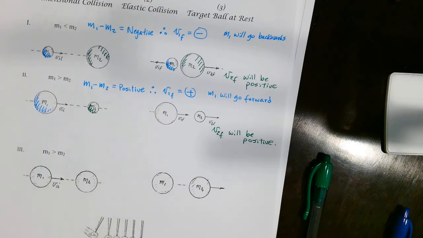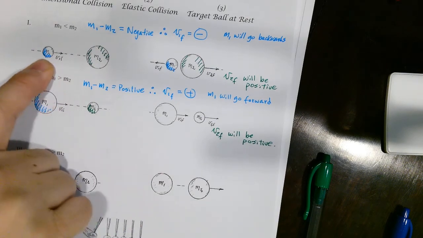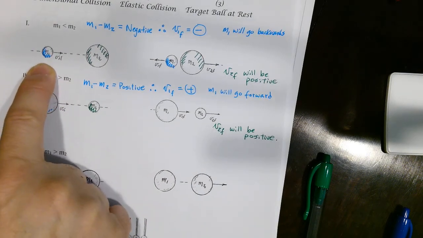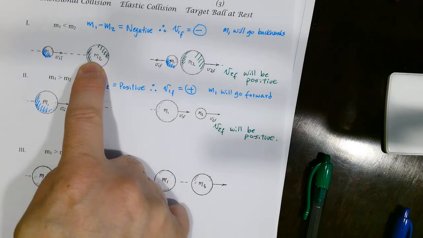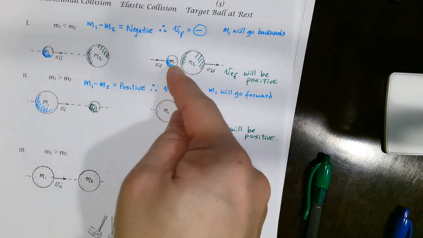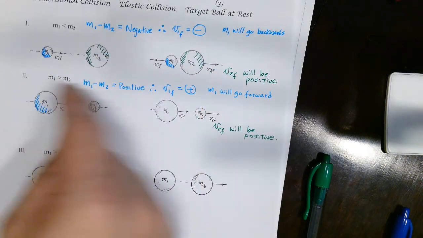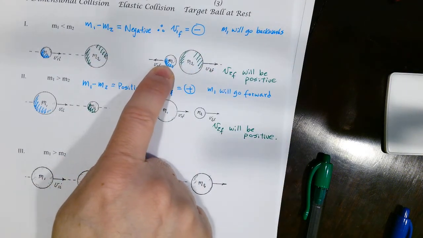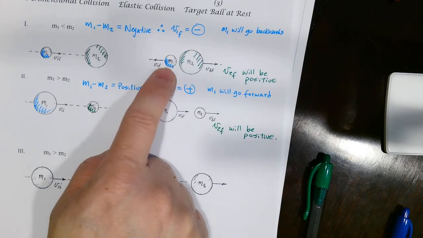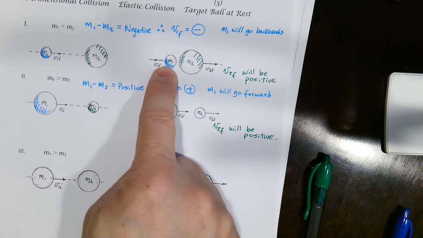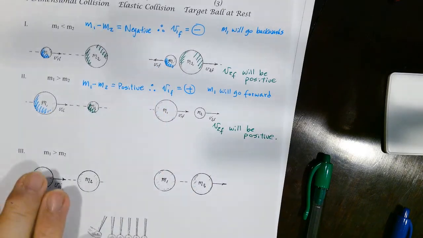So, what happens? Well, let's say you're driving a smart car for two and collide into a Suburban. The smart car will bounce backwards. When you bounce, you get the greatest change in momentum, which means you will have the bigger impulse. So you're going to get more damage to you and to your car.